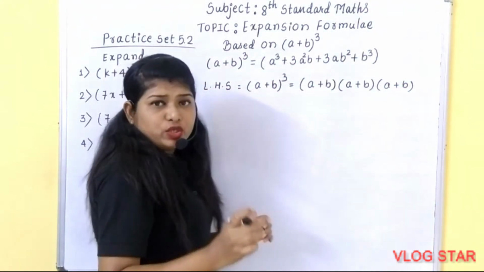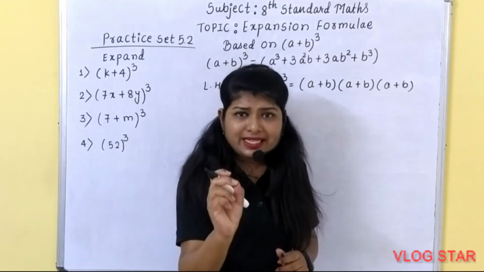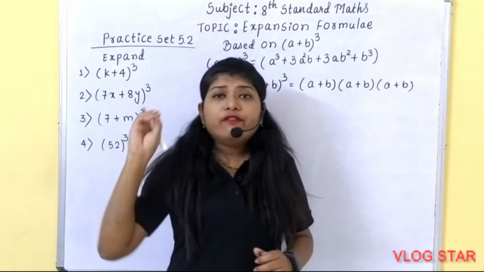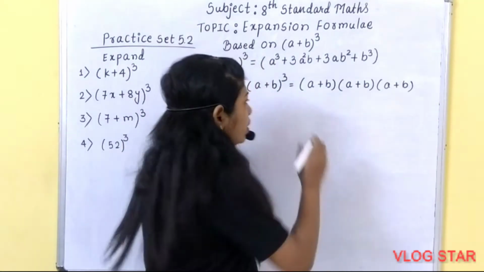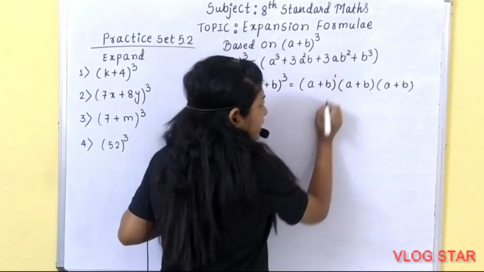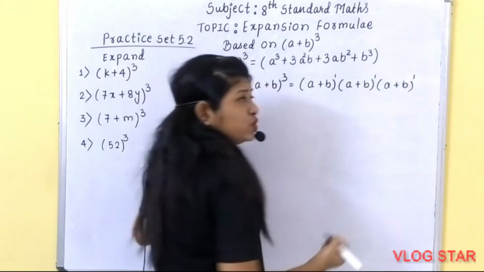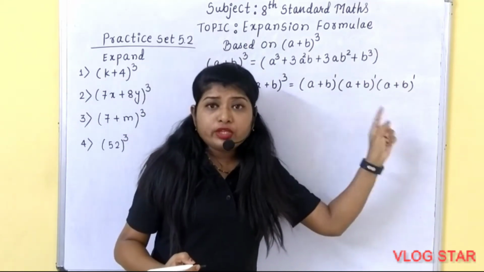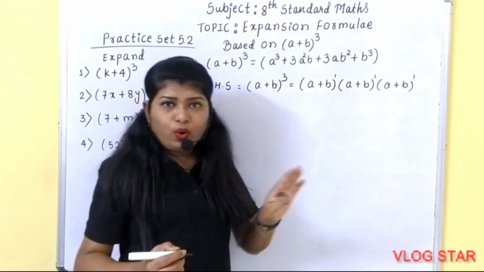The same term is written 3 times. If you remember the law of indices, a raised to m into a raised to n is equal to a raised to m plus n. The degree over here is 1, here it is 1, here it is 1. If you add them, you will get (a plus b) whole cube.